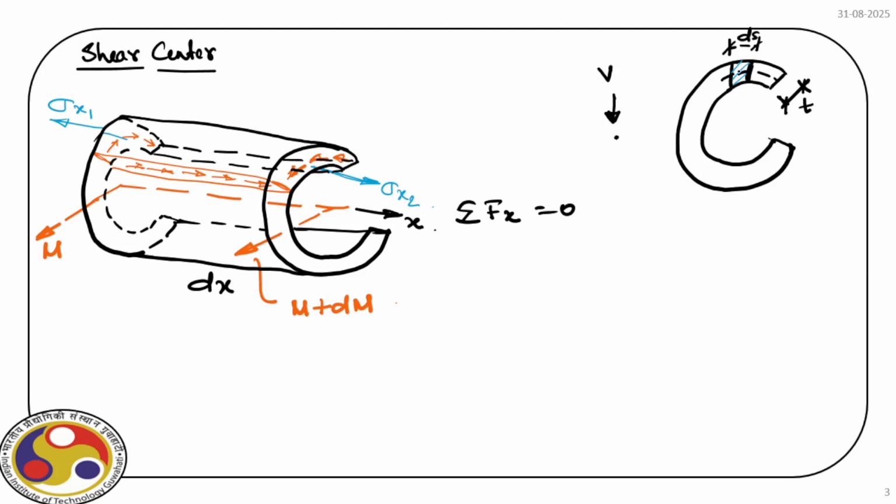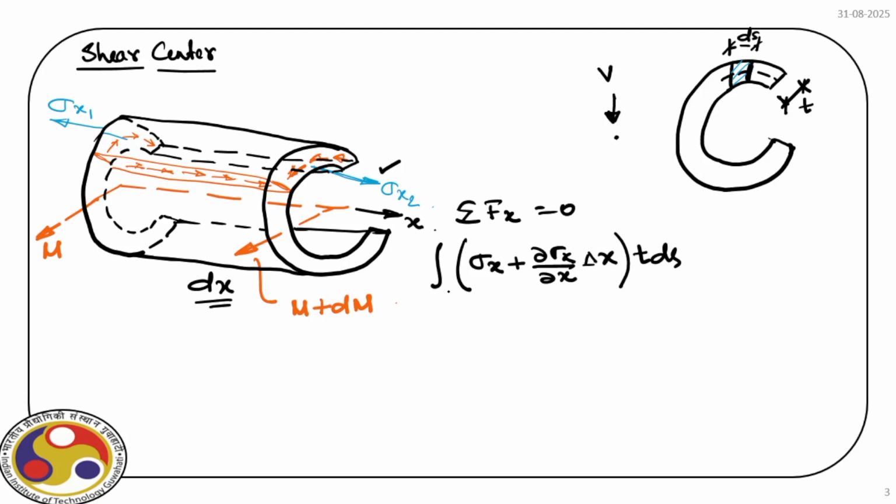Now over this cross section ds, at this face here the stress is sigma x plus its derivative with respect to x, which acts over dx. So that is the total stress multiplied by t times ds, which is basically the total force.